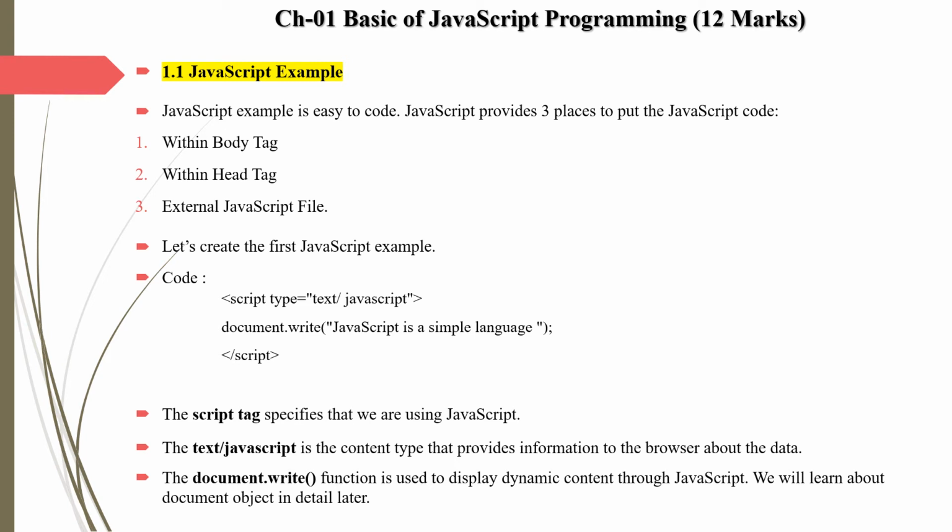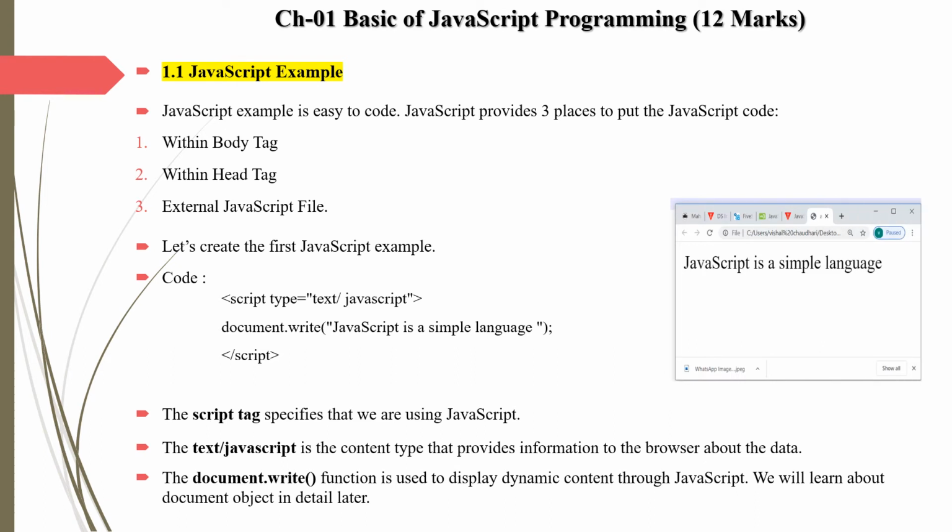We will learn about the document object in detail later. The output of this code is displayed like this: a web browser is displayed, and inside it the string JavaScript is a simple language, which was passed in document.write, is displayed. So this is a simple example of JavaScript.